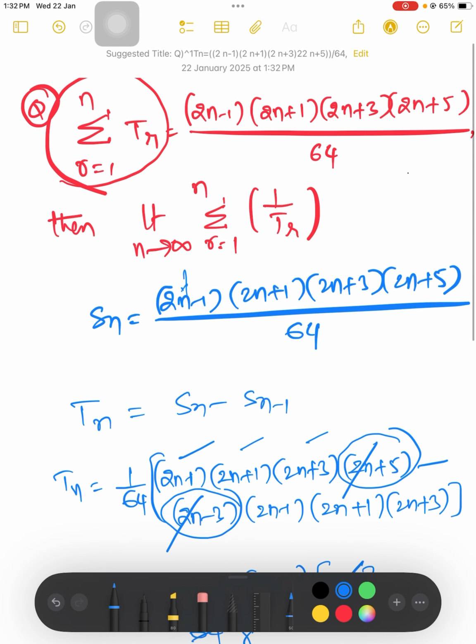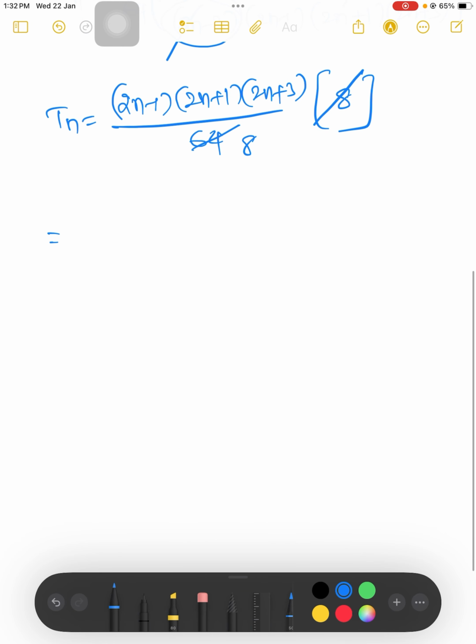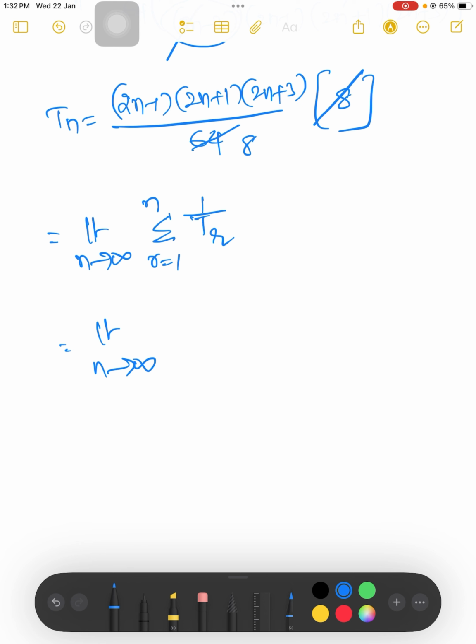So from this, limit n tends to infinity, then it is sigma r equal to 1 to n, 1 by Tr, right? Now coming to the reciprocal, limit n tends to infinity, 8 is a constant you can write outside, then it will be 1 by 2r minus 1, sigma r equal to 1 to n, that is 2r plus 1 into 2r plus 3.